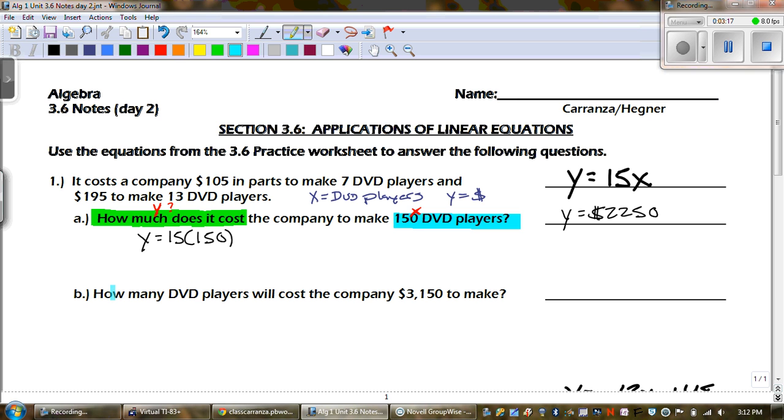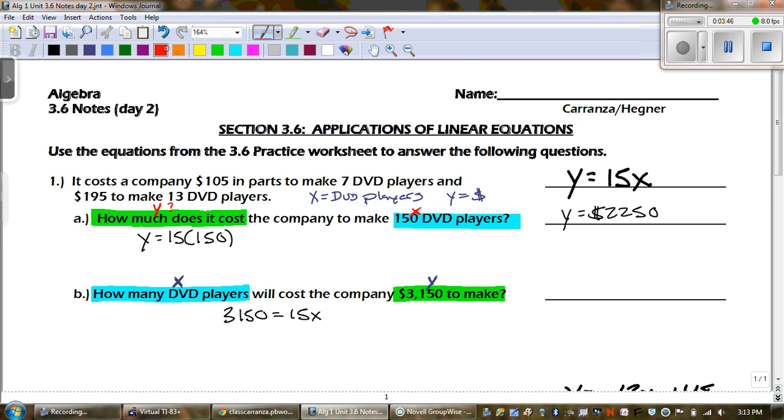Okay, the second one says how many DVD players, if you got $3,150. So remember, the DVD players are your X, and this is your Y. This time we know what the Y is. The Y is 3,150, and that equals 15x.